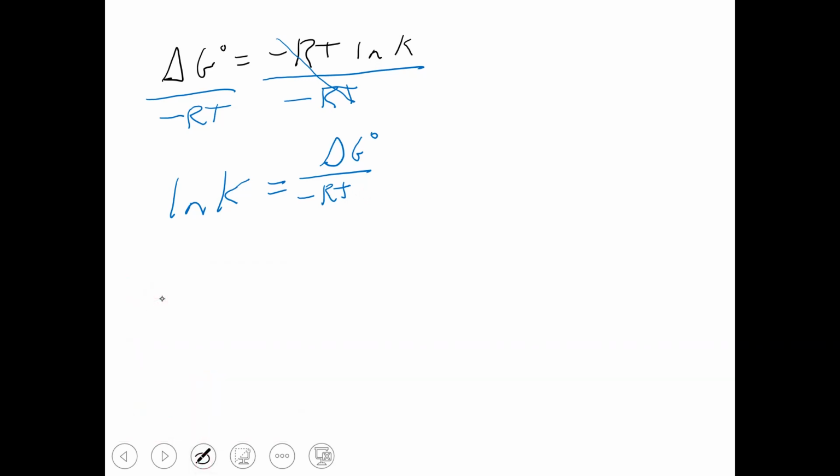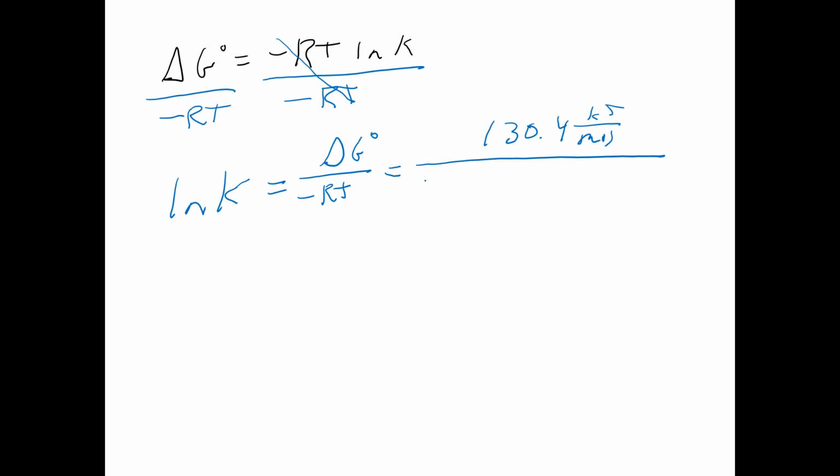So the natural log of K is equal to 130.4 kilojoules per mole for our delta G, and we have 8.314 joules per Kelvin times mole.